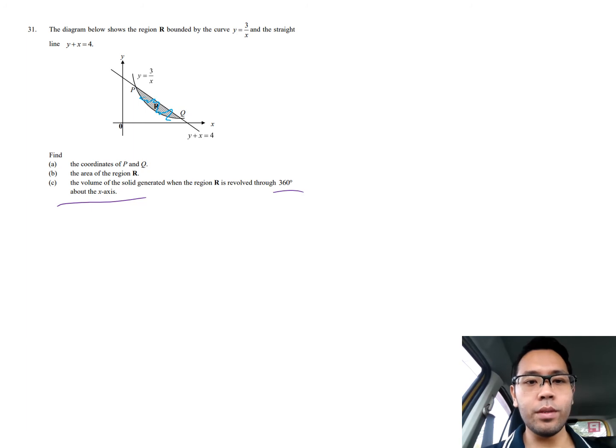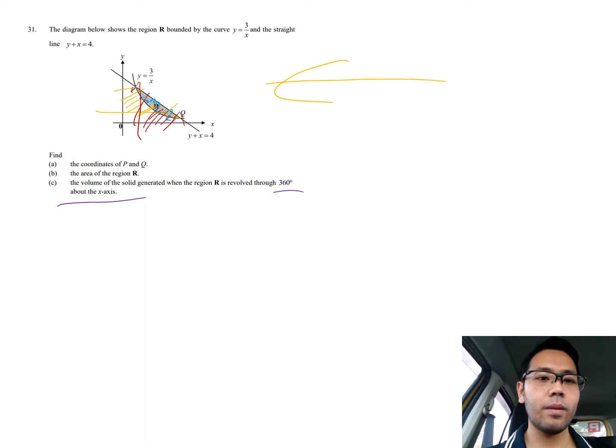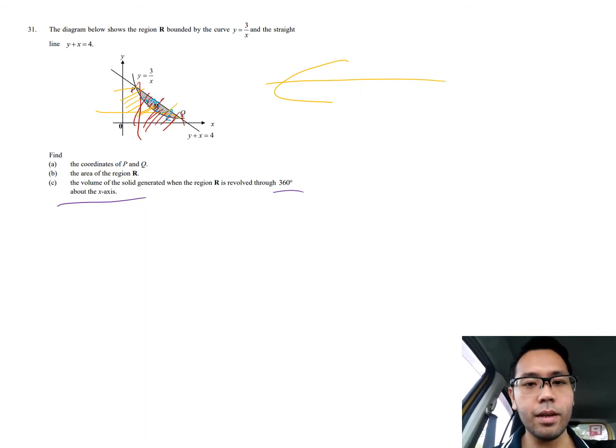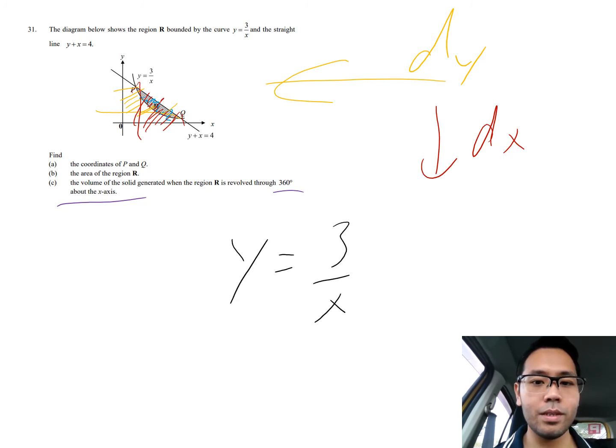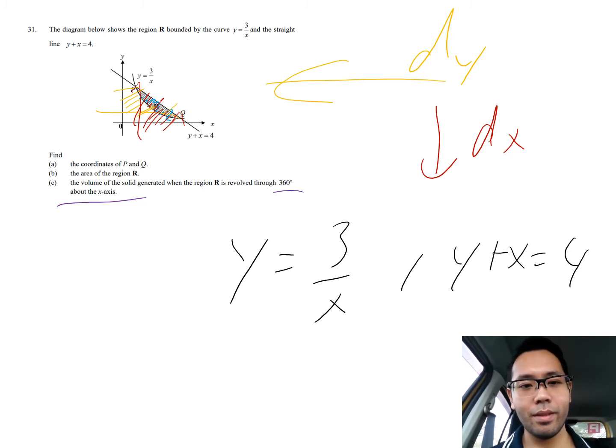Is it easier to do in this direction, I mean here, or is it easier to do in the down direction, in the x direction? x or y? dx or dy? If you look at the equation, y equals 3 over x, and the other one is y plus x equals 4. Why dx?